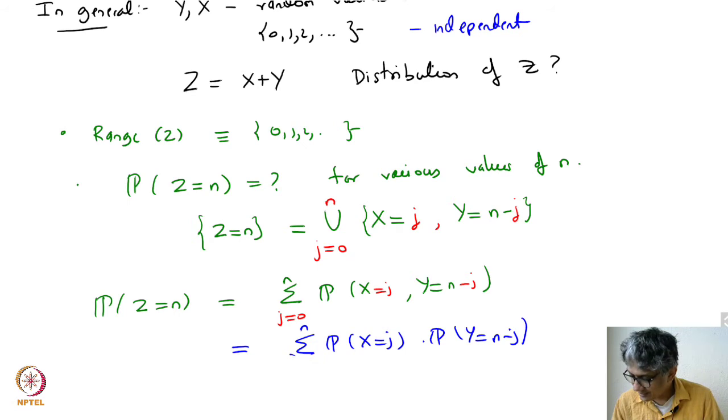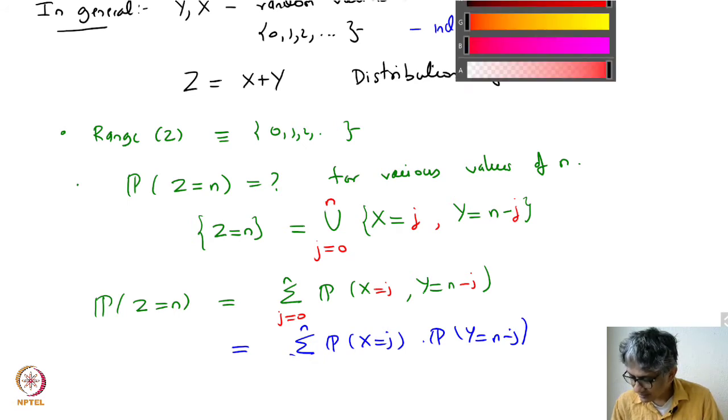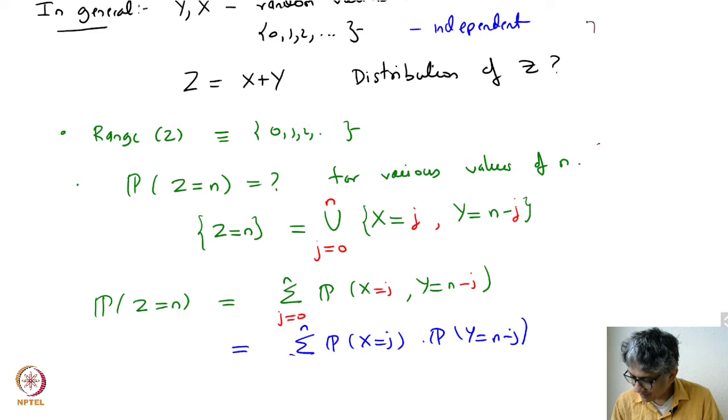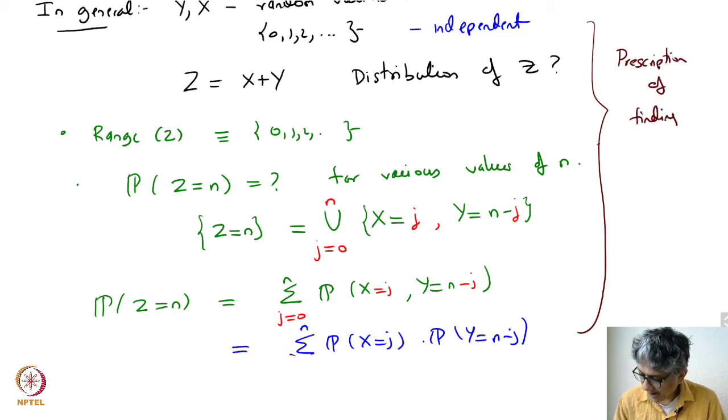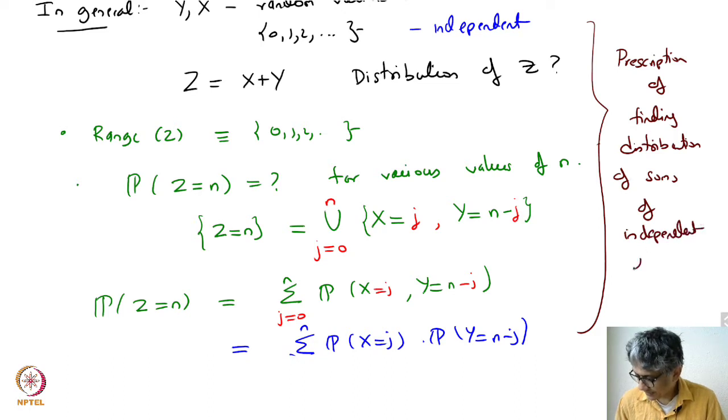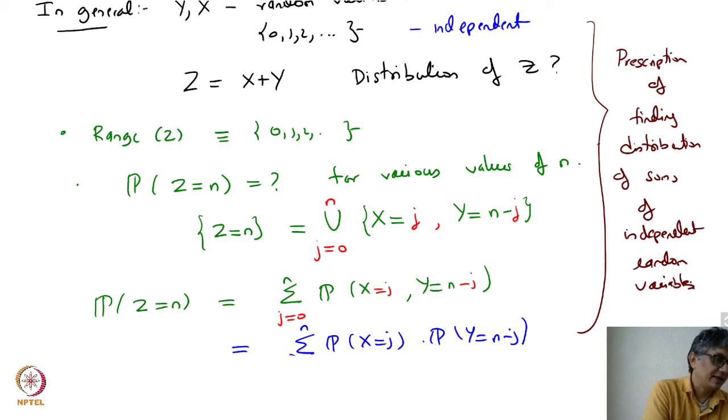So let me write this down: this is a prescription of finding the distribution of sums of independent random variables. That's one idea we have. This is one thing I have already said.